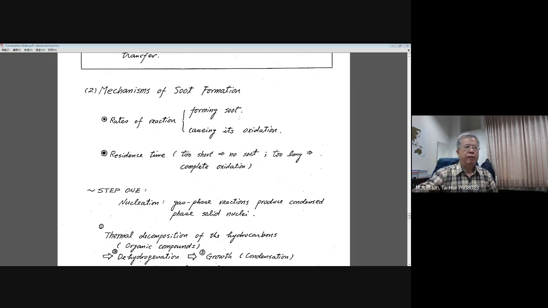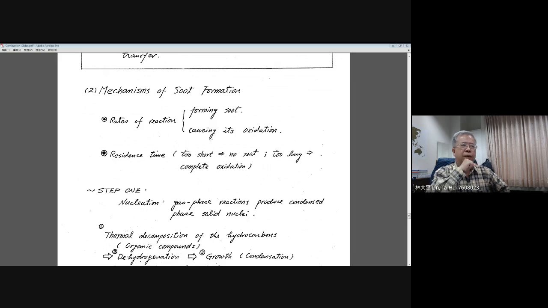Okay, if the soot formation is stronger, then you will have a large amount of soot. If the oxidation rate is stronger, then all the soot will be converted to carbon dioxide or carbon monoxide very soon. This is the competition between two different kinds of chemical reaction rates.